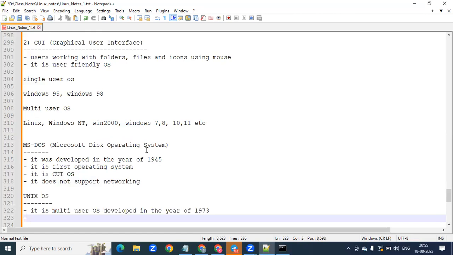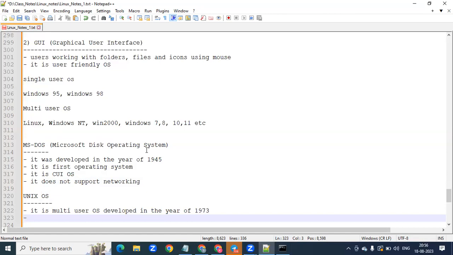We have the C language from the year 1972. By using C language, Dennis Ritchie developed this Unix operating system. Initially, the Unix operating system did not support networking. Later, somewhere in the 90s, networking was added and it was converted into a multi-user operating system.